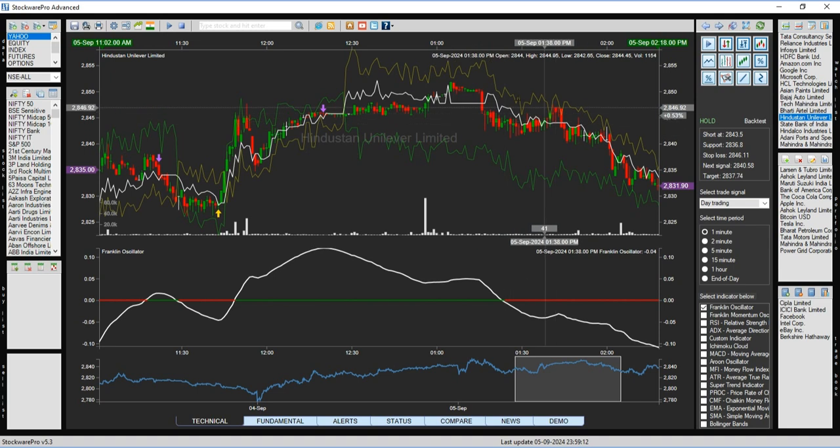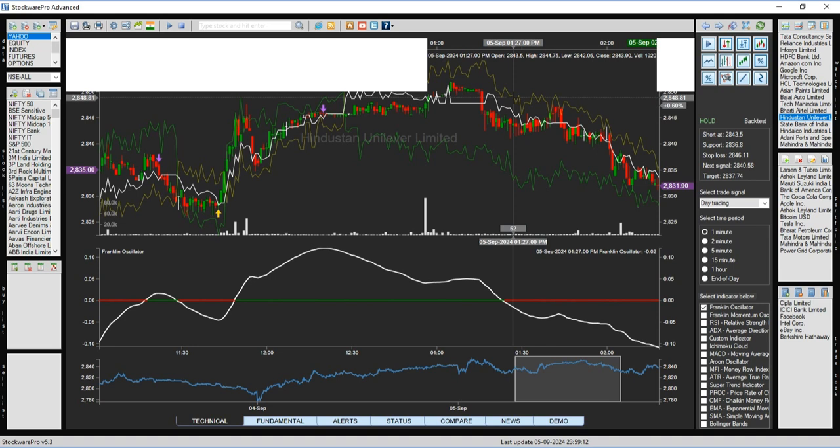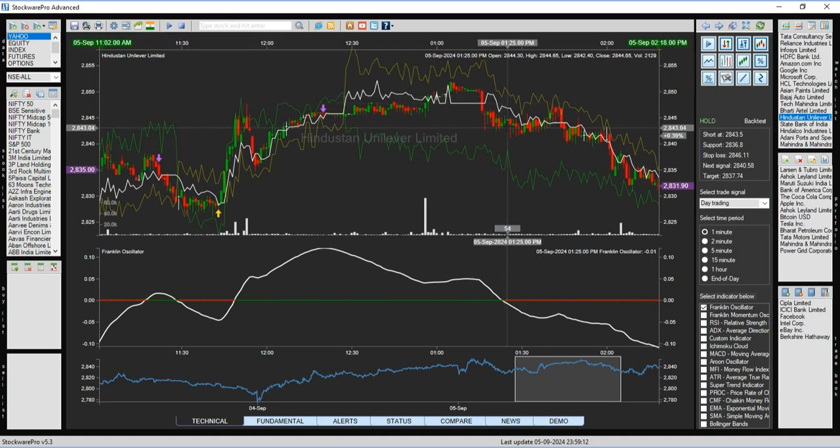So I fixed my stop loss level at this point. After it reached the first target, I set up my stop loss level at this point and waited. Sure enough, the price started to move downwards and reached my target level.